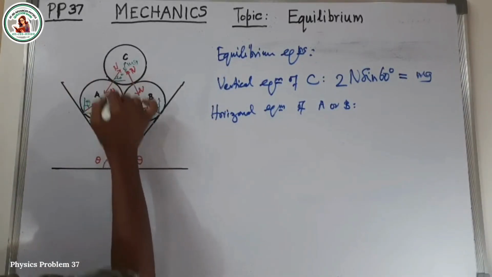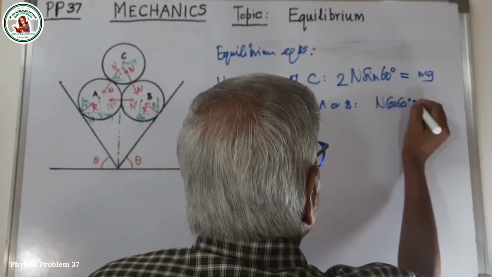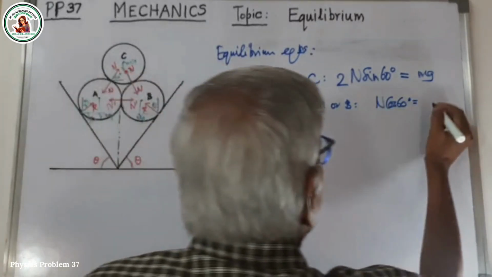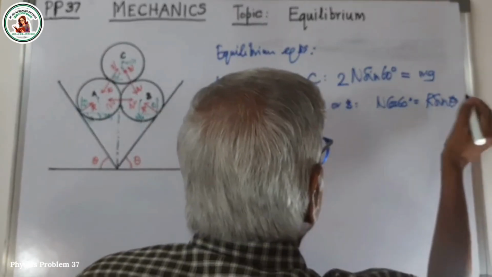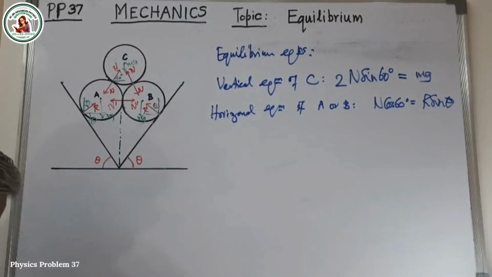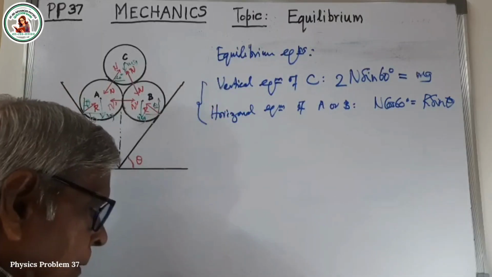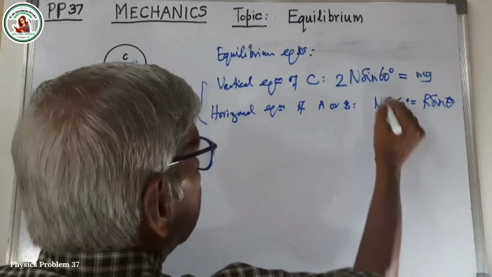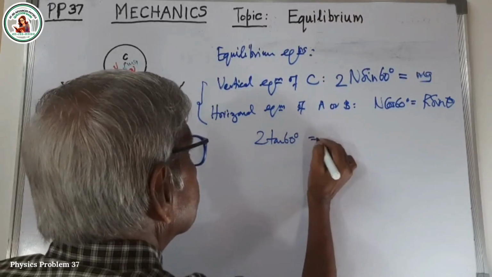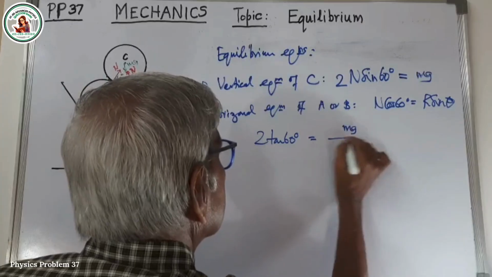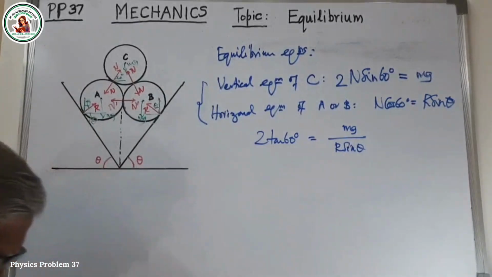So N cos 60 equals R sine theta. That is the horizontal equilibrium. Clubbing the two, dividing, we get 2 tan 60 degrees equals mg by R sine theta. We get that relationship.